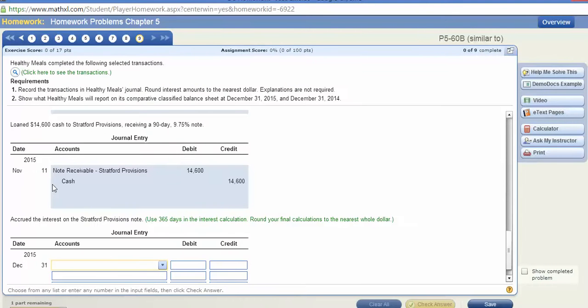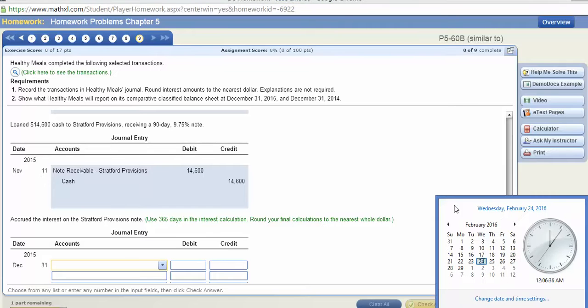So we are sitting, it's been November 11th. Let me put a calendar up here right quick. And let's go to November 11th. November 11th is sitting here. So let's count the number of days from November 11th when the note was issued to December 31st when we're accruing interest on this note. In other words, we're saying we're due this, we need to book something.